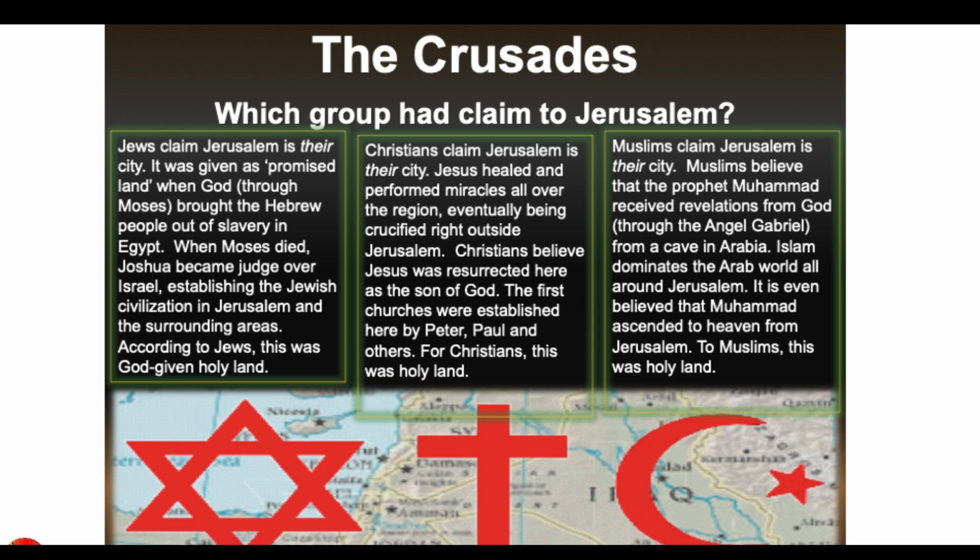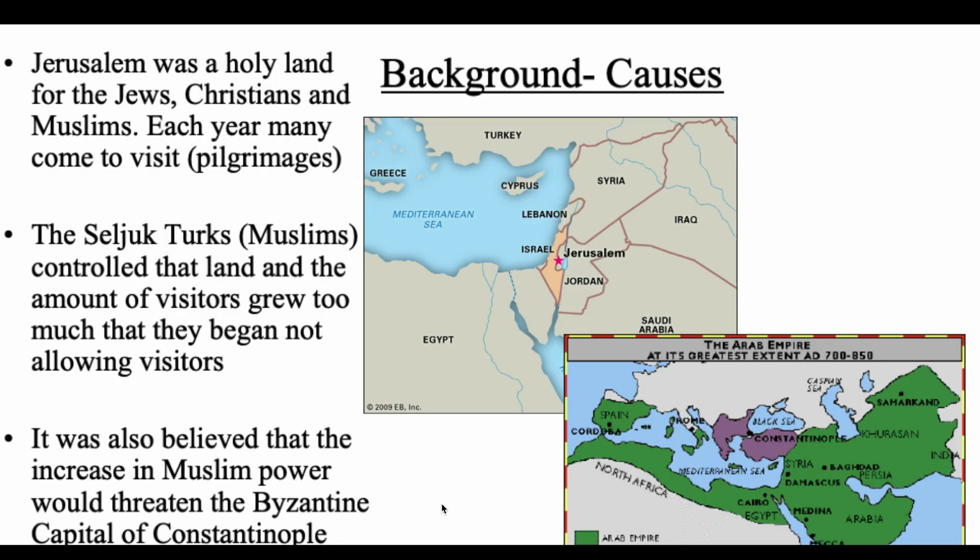Now, Muslims claim Jerusalem is their city. This is where the founder of Islam, Muhammad, was believed to first have an encounter with God. This area is considered a very sacred land for Muslims. So we can see we have three different religions all feeling like they have a right to the same area. So we see the beginnings of an issue here. It was common for many Jews, Christians, and Muslims to visit Jerusalem, this holy land.